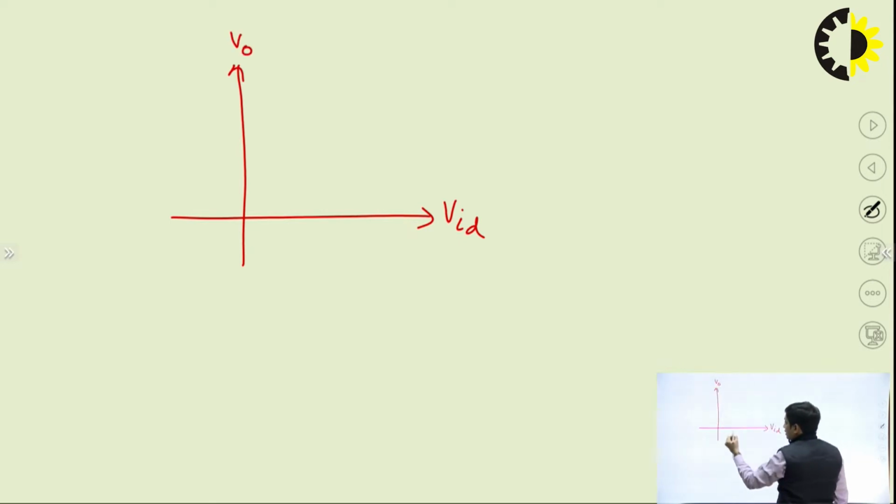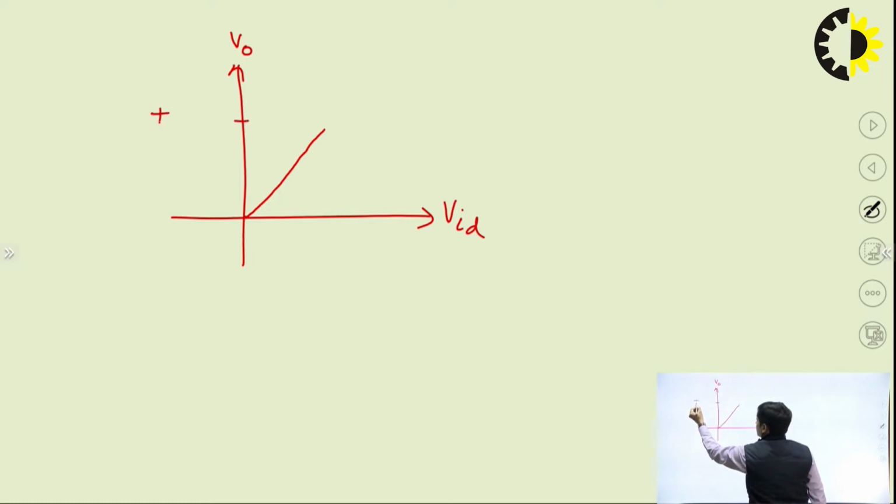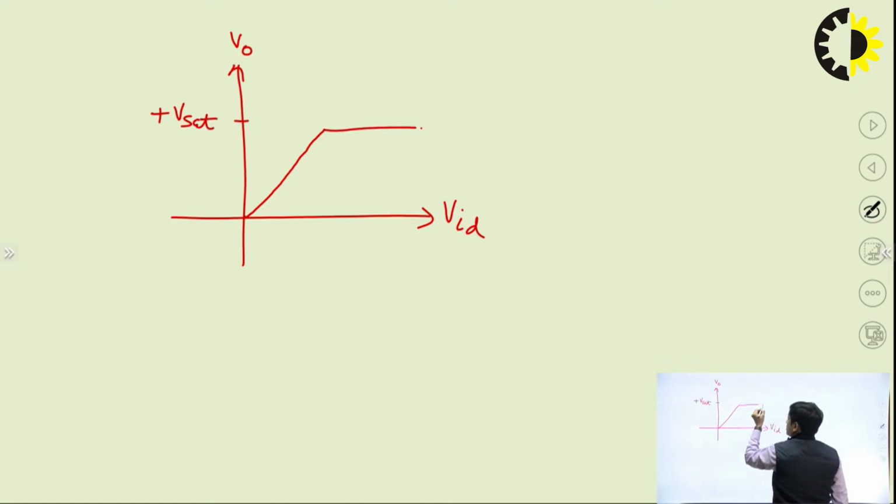So when VID increases in the positive direction, then V0 will increase, and after a certain voltage it will get saturated. That value is plus Vsat. Since the output voltage becomes constant, that means the output is saturated.